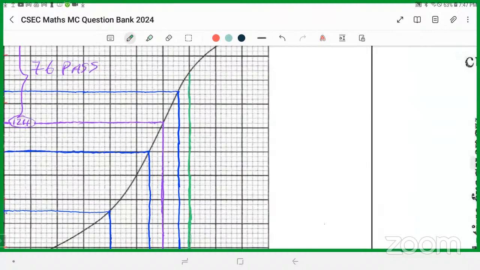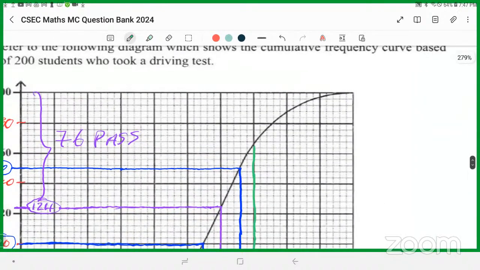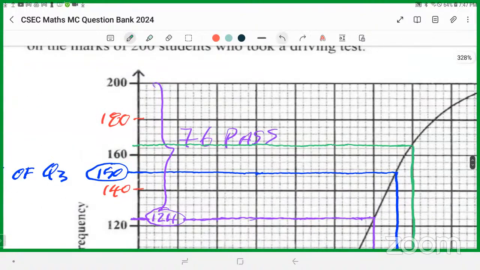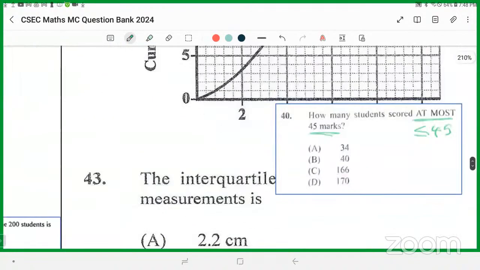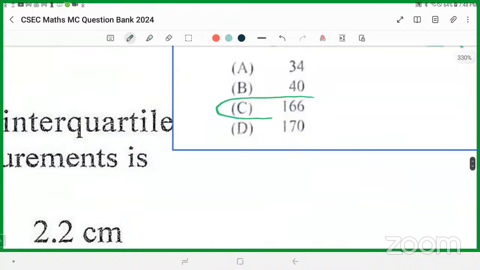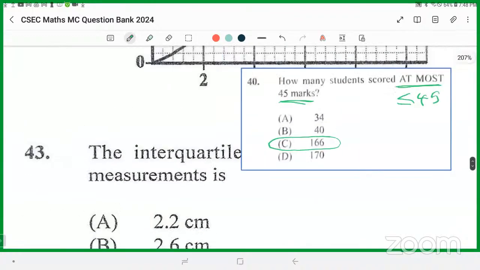You come across right in between here. This is 160. Remember, this is 164, and then halfway right here it becomes 166. 166. There you go. Told you this had to do with the same question. 166. All right, guys.